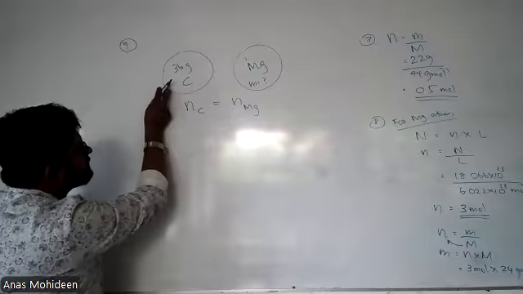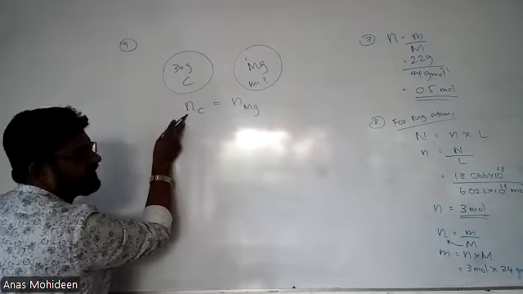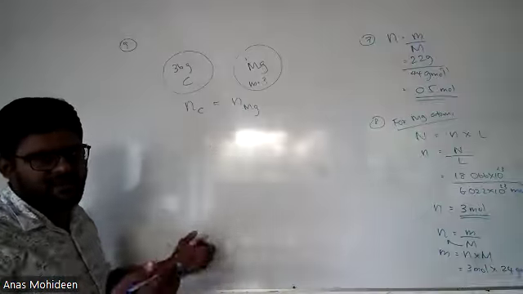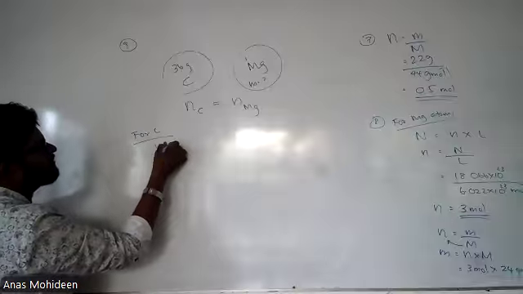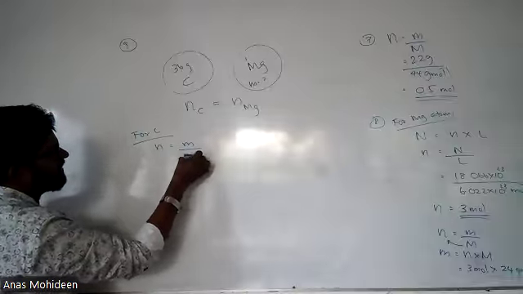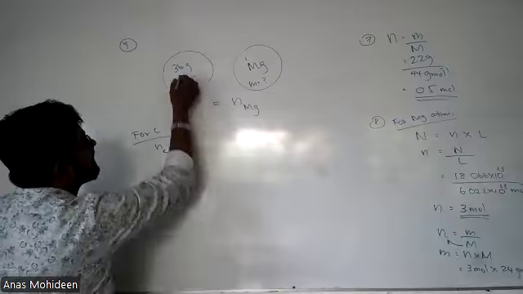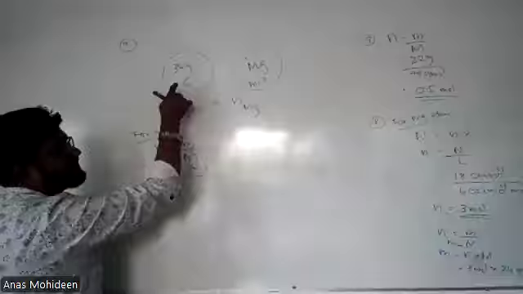Mass is given, so moles you can find. Okay. Molar mass you know, right? For any element you can find out the molar mass. So what I do first, for carbon, you apply moles equal given mass over molar mass. How much mass? 36. What is the molar mass of carbon?